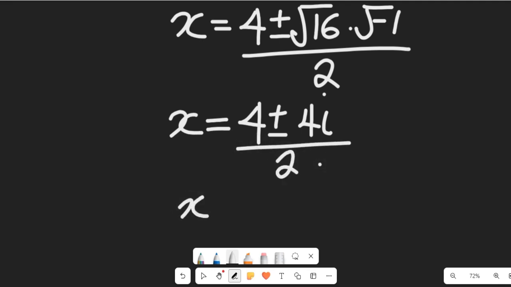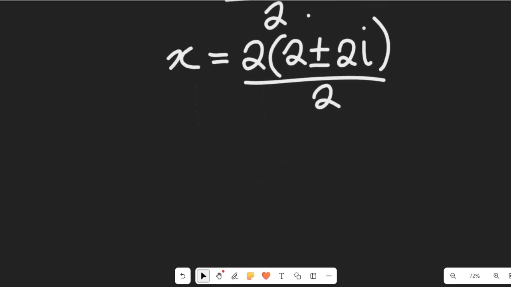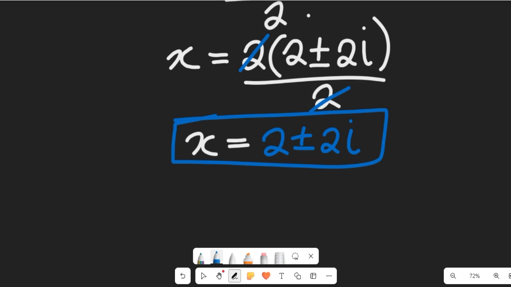So if we simplify that expression, our x will be equal to, 2 is common, we'll bring out 2. We'll have 2 plus or minus 2j, and all of these will be divided by 2. If we simplify this expression, the 2 cancels out. The value of our x will be equal to 2 plus or minus 2j, and that remains the solution, which is a complex number, to that expression given to us up there.